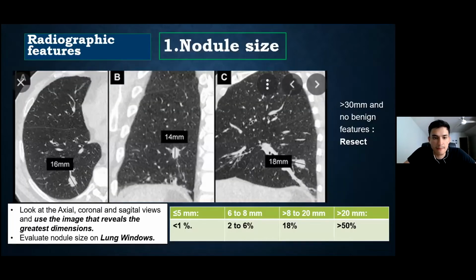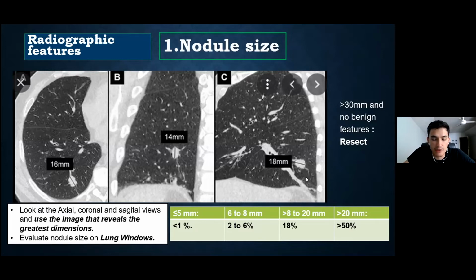So now the radiographic features. The nodule size is very important. If the size is bigger, then the risk of malignancy is higher. So we can see in the three images in my slide the axial, coronal, and sagittal views.